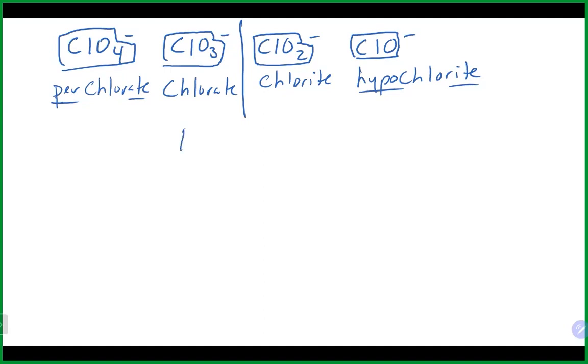If you had to take a guess, what would BrO3 minus be? ClO3 minus is chlorate. So BrO3 minus should be bromate. BrO2 minus should be bromite. So again, you could swap it out for any of those halogens.